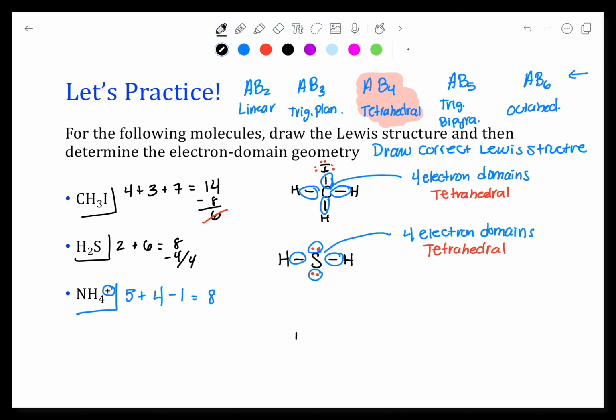So our structure is N with 4 hydrogens. We're going to cover it with a plus. I used up all of my 8 in drawing those bonds. I drew 4 bonds. There are 8 electrons in those bonds. So to look at our geometry, well, that nitrogen has 4 electron domains again, meaning it is tetrahedral.